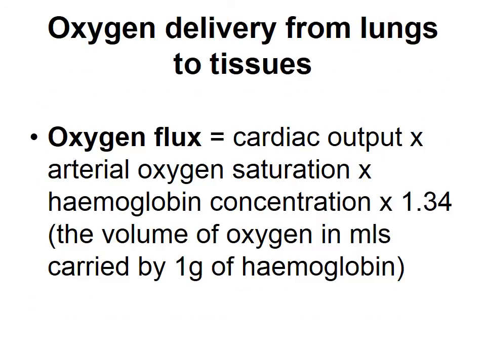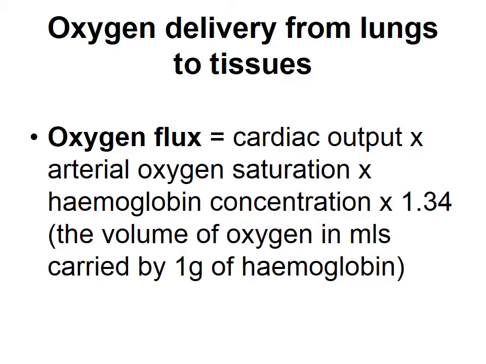The flow of oxygen from the lungs to the tissues is described as oxygen flux. So it's the amount of oxygen transferred to the tissues each minute from the lungs. So the oxygen flux is telling us how well the body is delivering oxygen to the tissues.